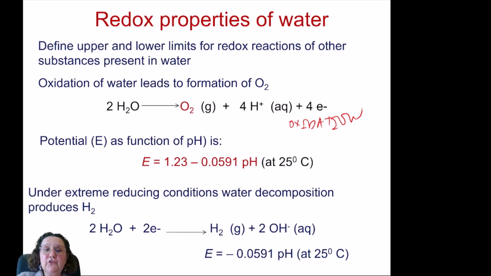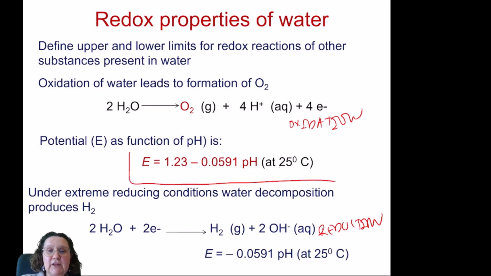Under extreme reducing conditions, with a very, very strong reducing agent, water could decompose and liberate hydrogen. That is the reduction reaction for water. These reactions, and it's beyond the scope of these videos, are actually slightly dependent on the pH. And this is the equation.